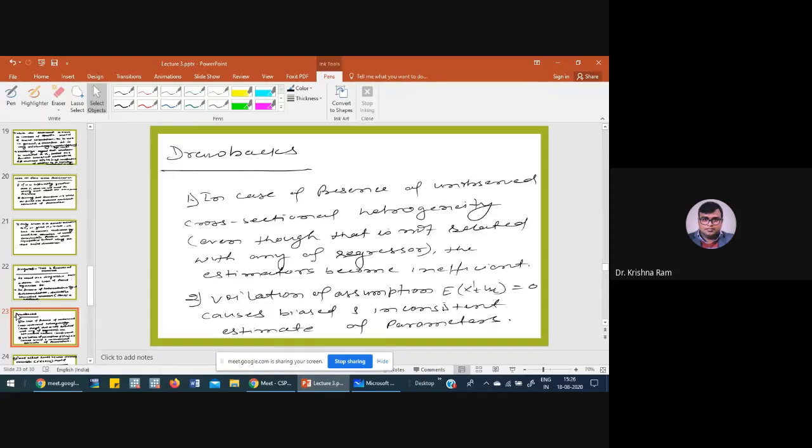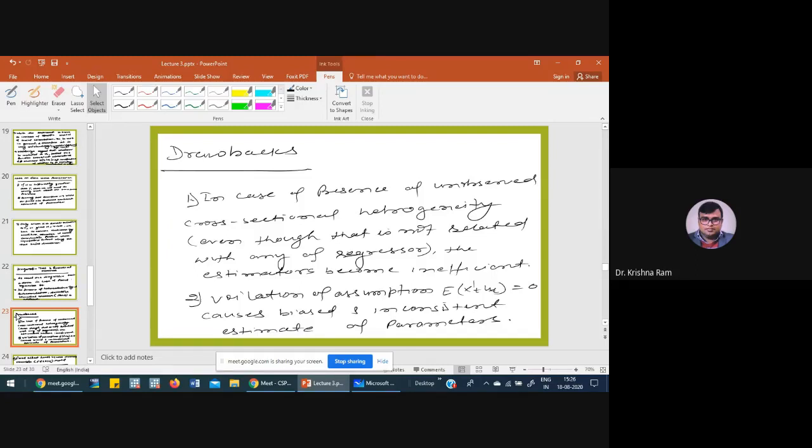Drawbacks of the pooled regression model: in the case of unobserved cross-sectional heterogeneity, even though it is not related with any of the regressors, the estimator becomes inefficient.